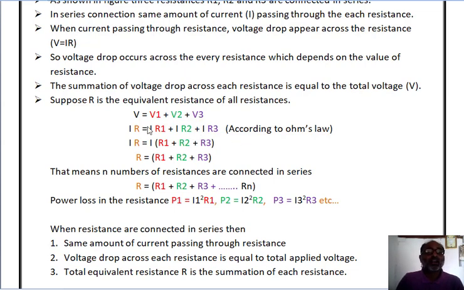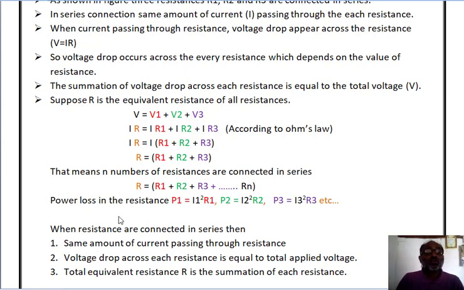We can take I as common, so our equation becomes IR is equal to I in the bracket R1 plus R2 plus R3. Now this I cancels, so R is equal to R1 plus R2 plus R3. If we connect n numbers of resistances in series, we can write R is equal to R1 plus R2 plus R3 plus up to Rn.